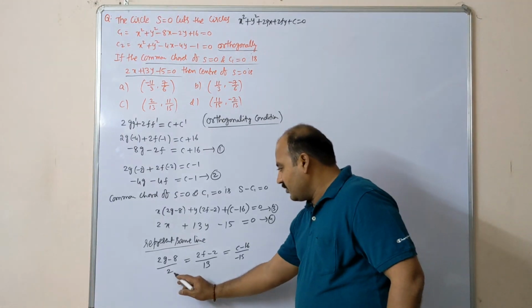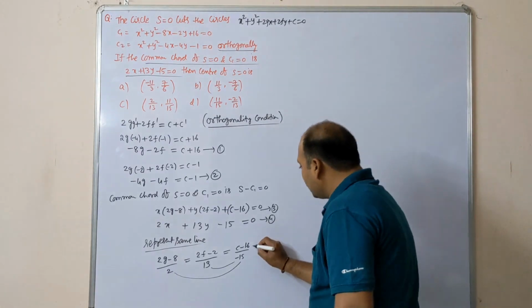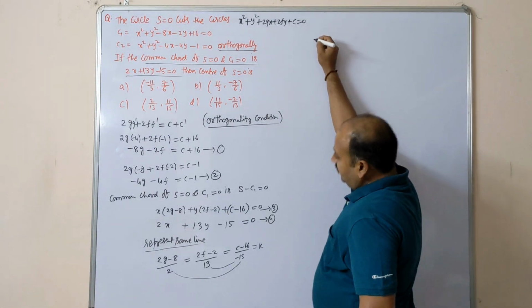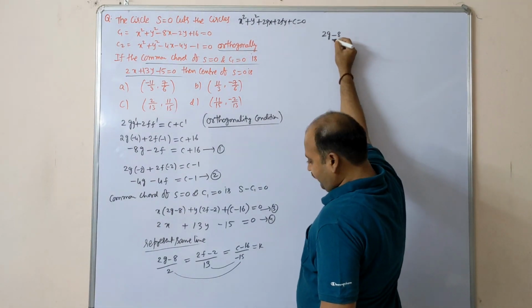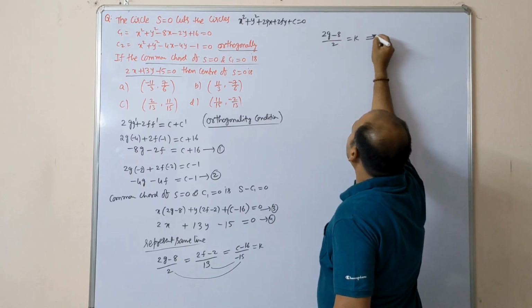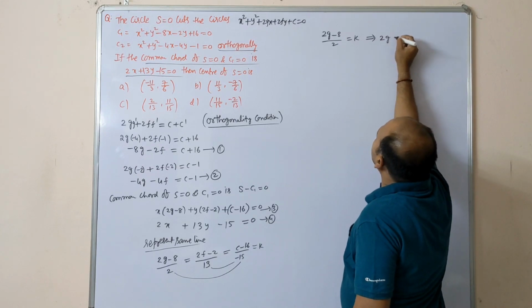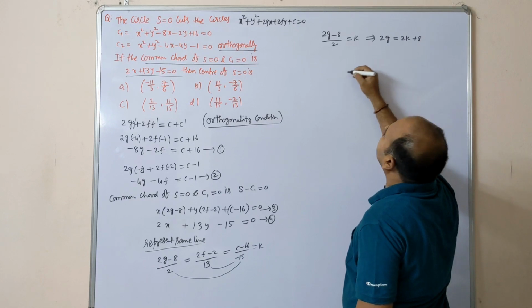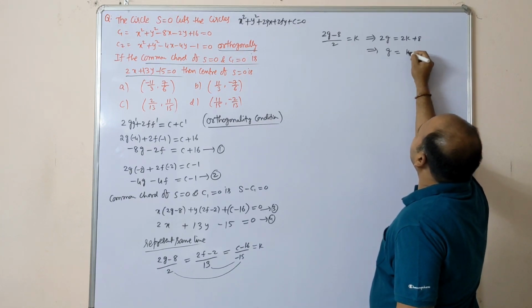Equating these, this is also some k, you can assume that. So (2g minus 8) by 2 is equal to k, that implies 2g equals 2k plus 8, so g is equal to k plus 4.